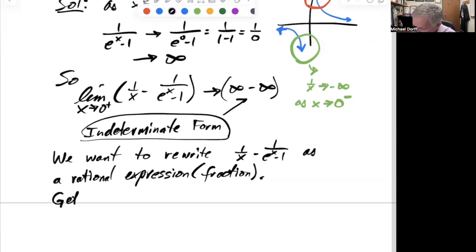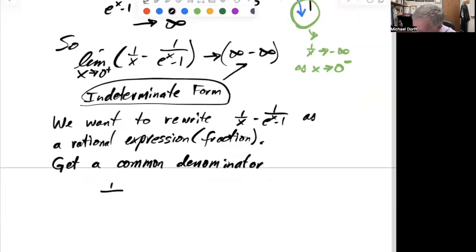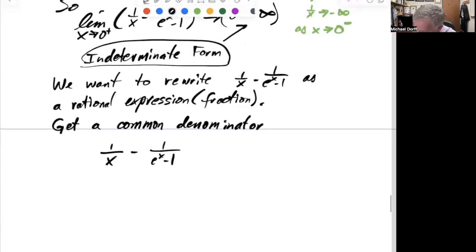Get a common denominator. So I've got x for one of my denominators and e to the x minus 1. We're going to get a common denominator, and that's going to be multiplying the two denominators together. Well, let me rewrite it this way.